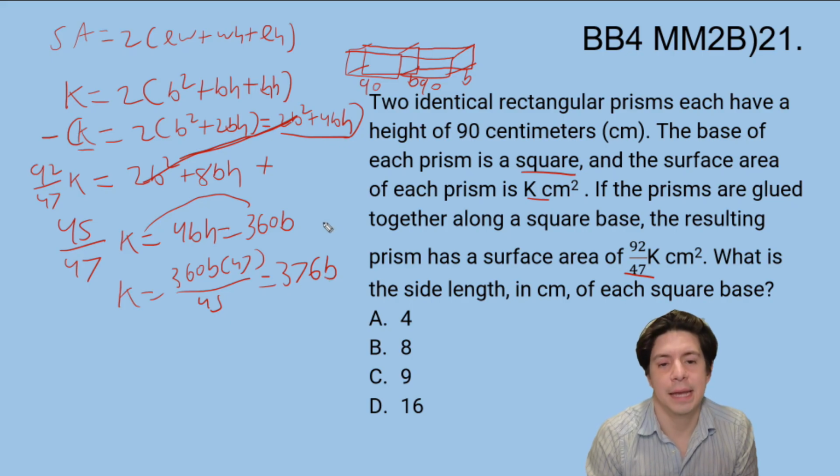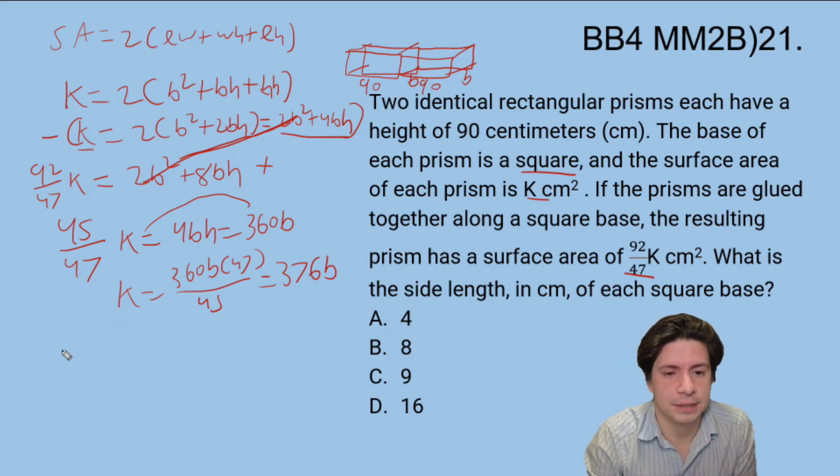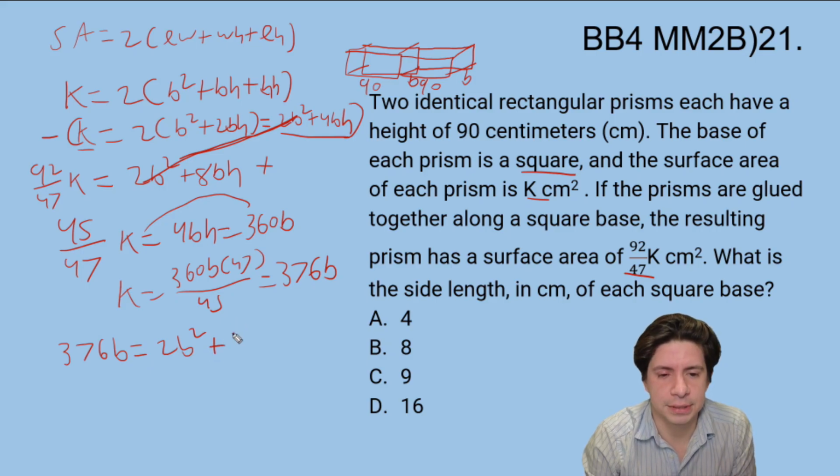Okay? Now, we're trying to find b, and we can plug that back into the first equation and say 376b equals 2b squared plus 4bh, which is 360b.